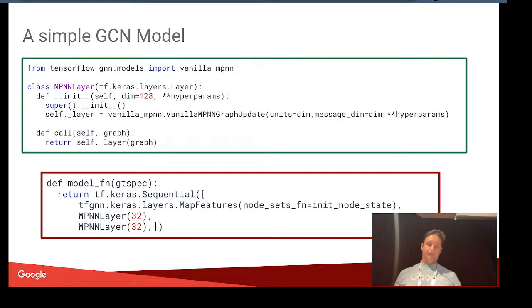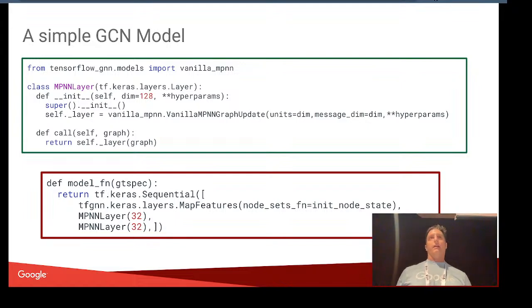So finally, TFGNN comes with this models module that contains a lot of really good GNN layers, and you can stack them to create your own GNN model. Here, we're just using this vanilla MPNN graph update layer. There's a whole bunch of them, and we can stack them using the TF Keras sequential API.